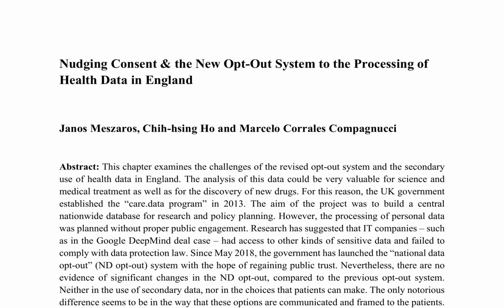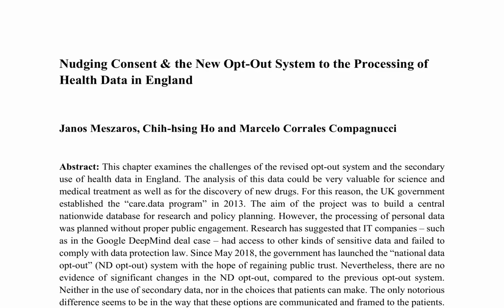The chapter under examination discusses the challenges of the revised opt-out system and the secondary use of health data in England. The UK government established the care.data programme in 2013, aiming to build a central nationwide database for research and policy planning. However, the processing of personal data was planned without proper public engagement, leading to concerns about data protection and privacy.